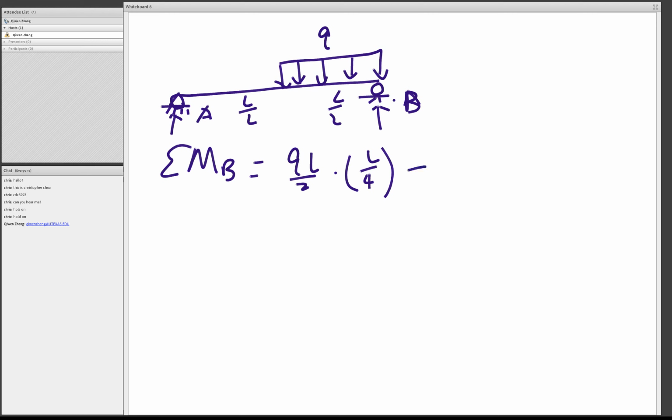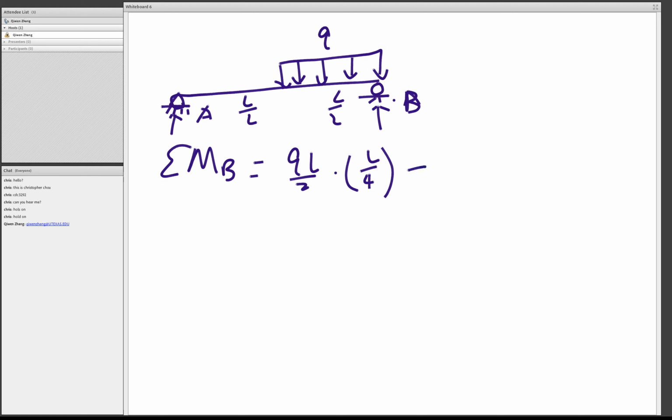So we know that this is 1/8 QL, this is 3/8 QL, and this is Q. This is L over 2, L over 2. Okay, so let's draw the shear diagram really quick.